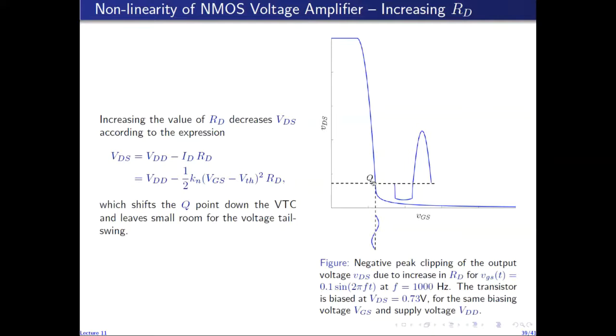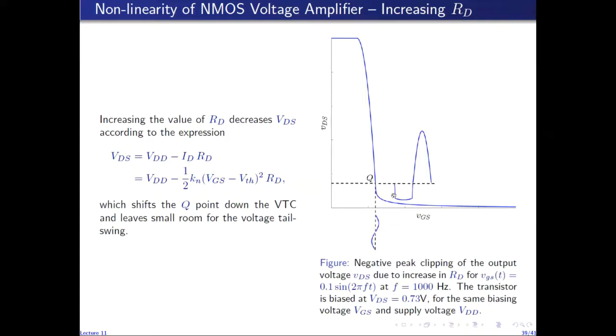That is, there won't be enough room left for the output voltage in the negative direction, because as soon as the instantaneous value of the output voltage goes below capital VDS naught, the device enters the triode mode, and in the triode mode we observe almost zero voltage gain.